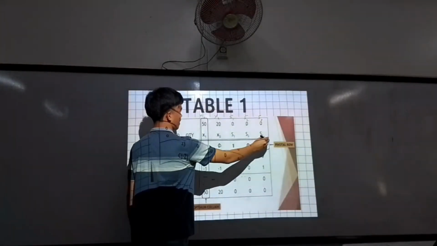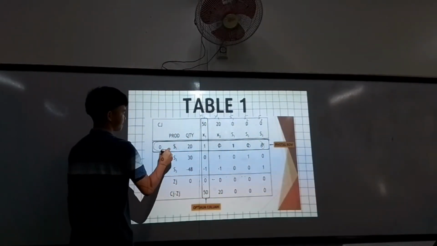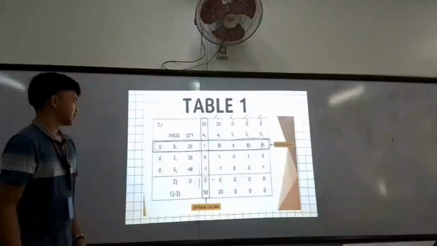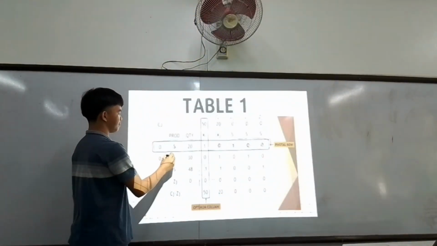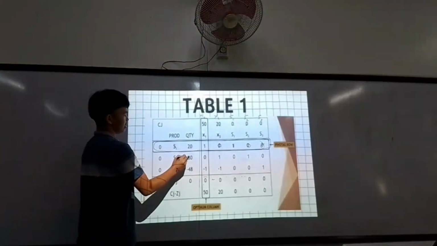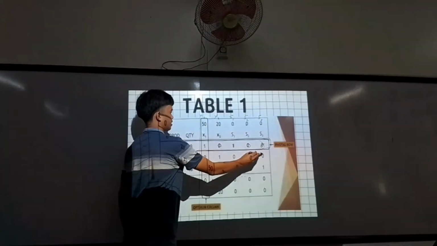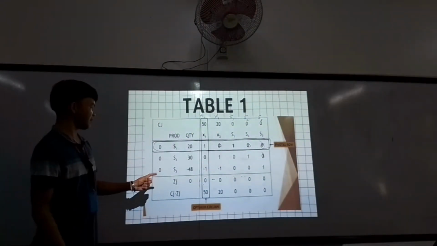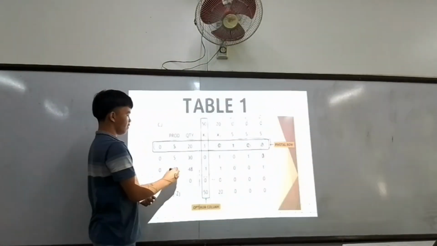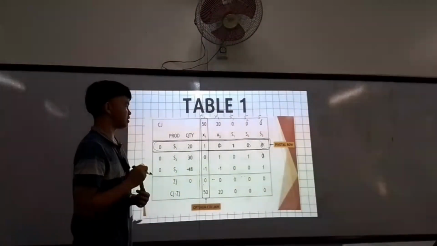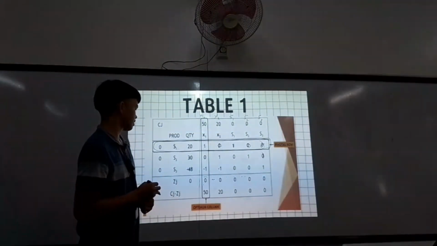Now, this is our pivotal row. The second one is S sub 2, quantity 30, 0, 1, 0, 1, 0. And S sub 3 is equal to 48, -1, -1, 0, 0, 1.